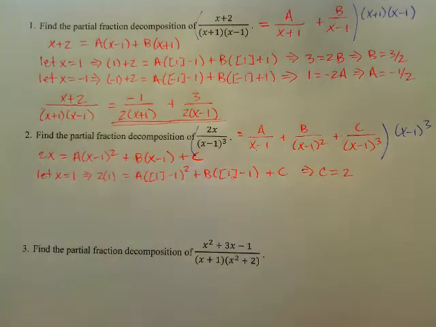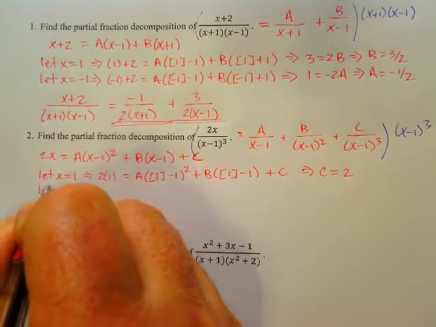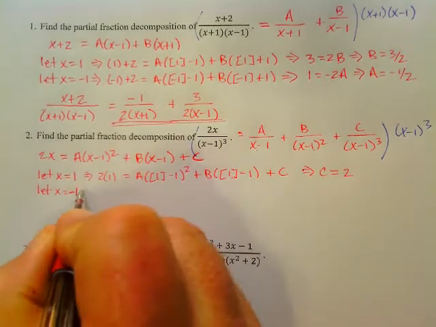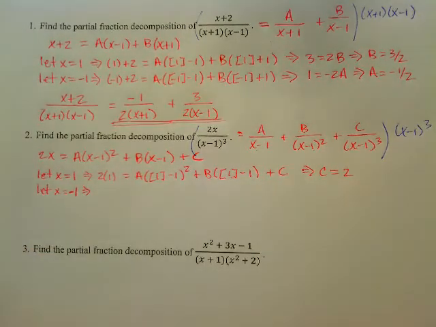Now, we can let x equal anything we want, and a good rule of thumb is to pick some relatively small numbers. So, for instance, we can let x equal negative 1, and just see what that gives us.